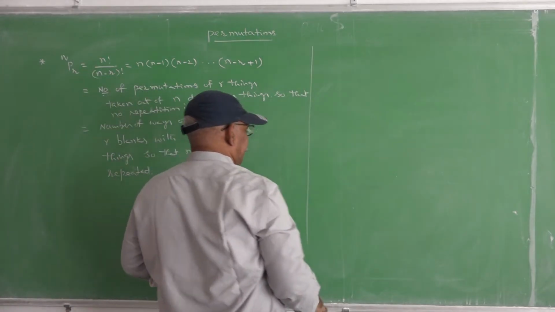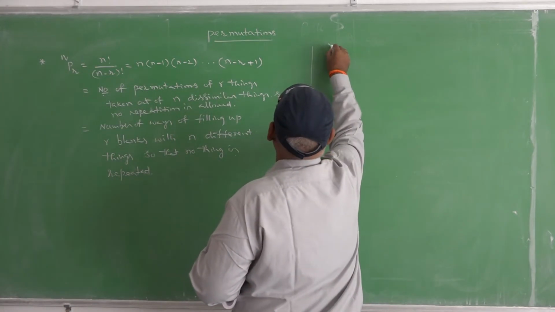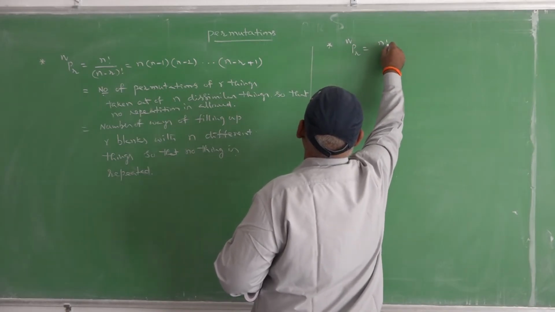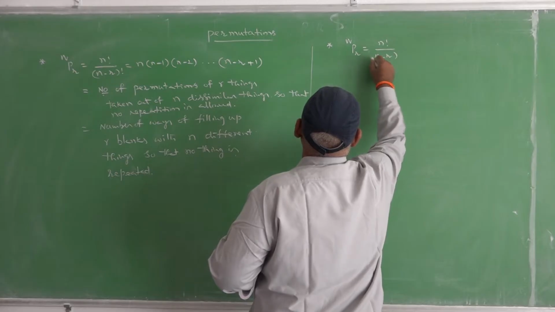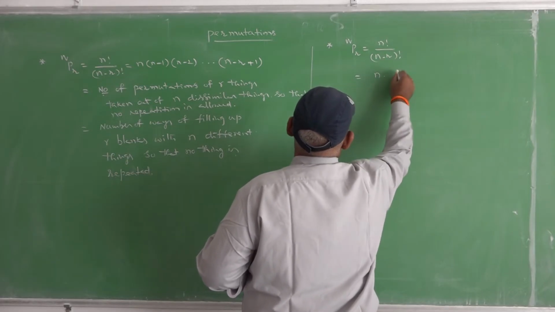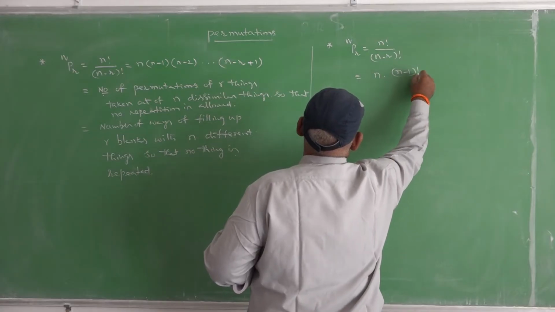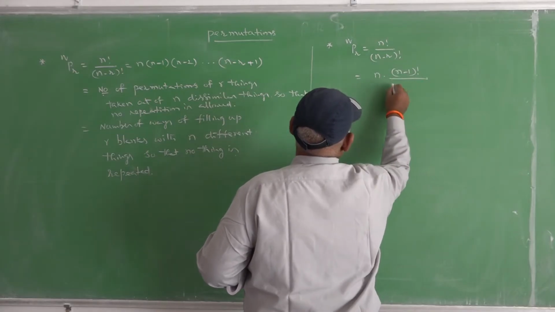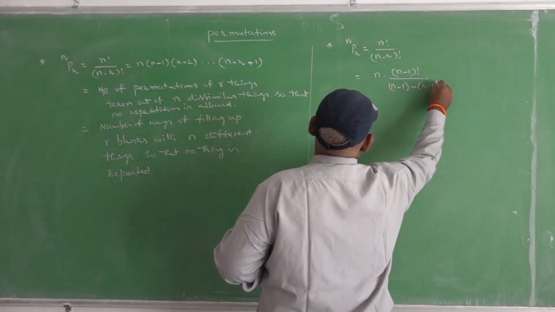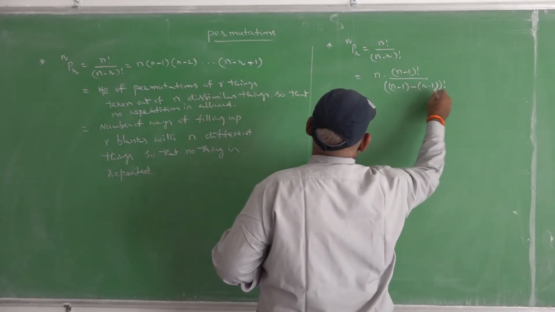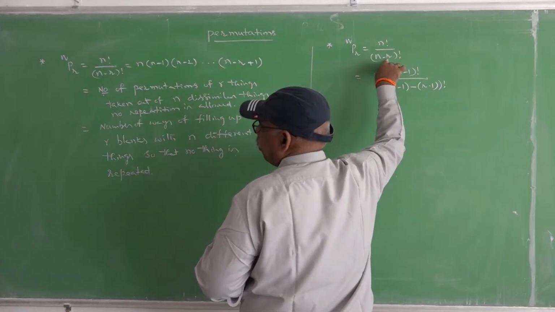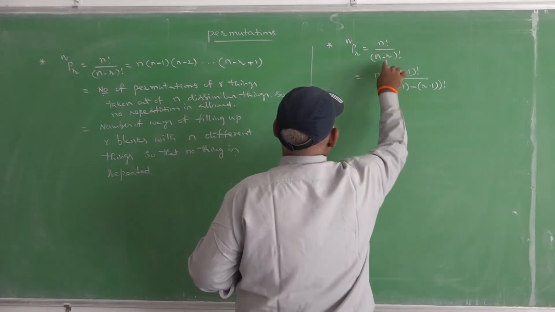Now, the next point: nPr is n factorial by n minus r factorial, which may be written as n into n minus 1 factorial by n minus r factorial, which may be written as n minus 1 minus r minus 1 factorial in the denominator. I am adding 1 and subtracting 1 in the denominator part, and we get this.